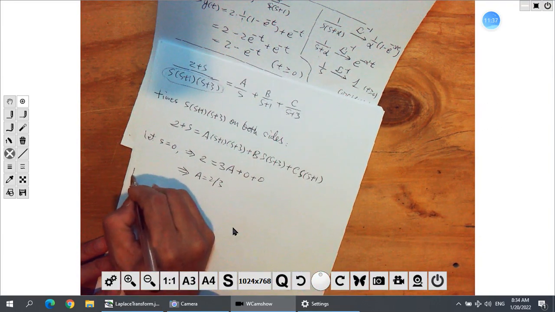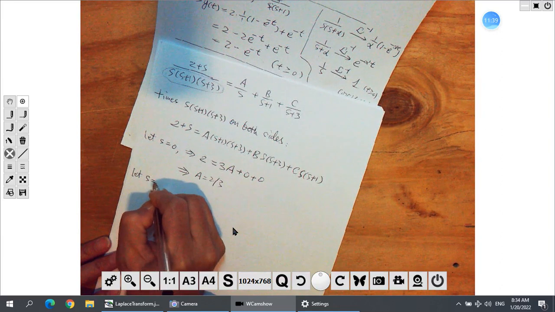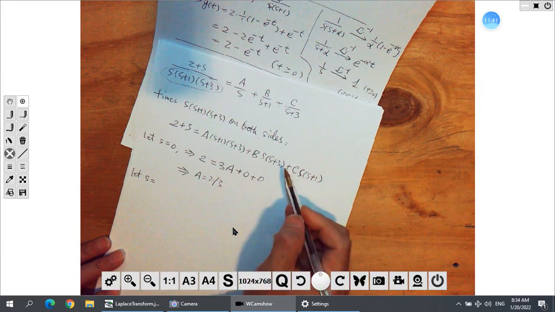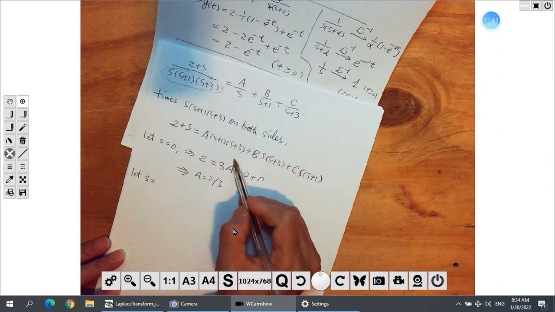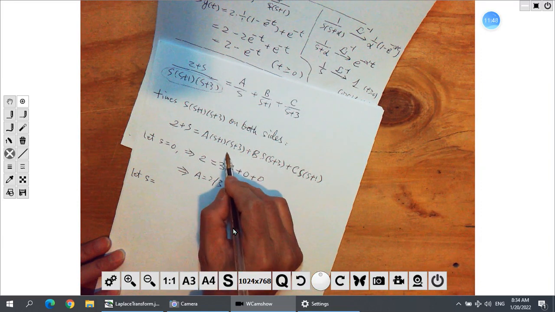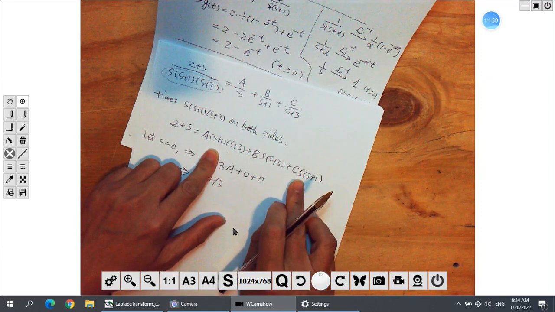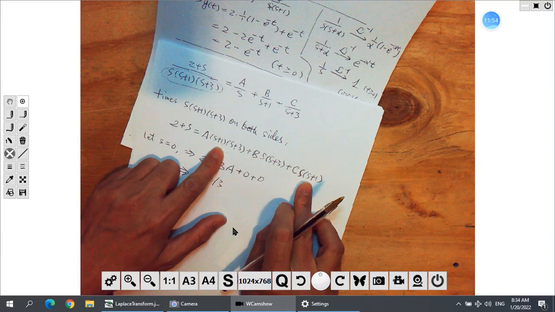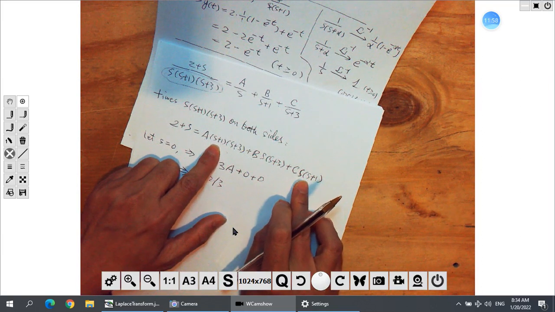Now let s equal to some different value, not 0. Which value is good? We want to determine b, so we want these two terms to be 0. You see both contain s plus 1, so we can use s equal to -1.